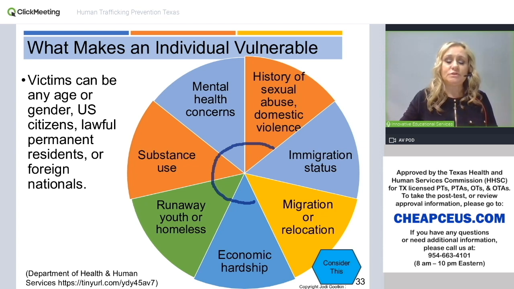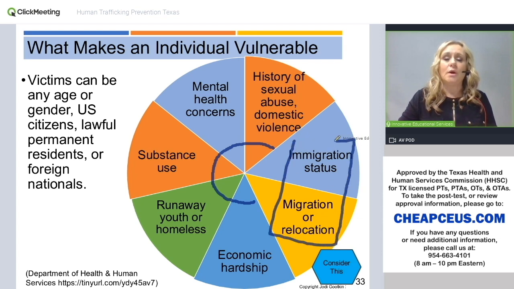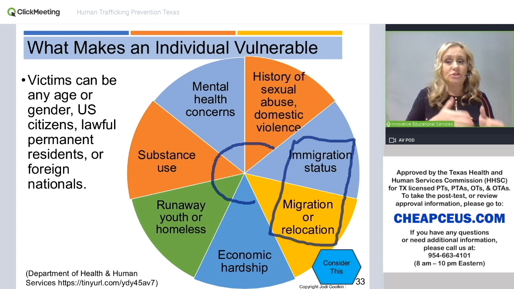Also, individuals who do not have a legal immigration status or those who are migrating and relocating are at a greater risk. Some research has shown that after natural disasters where children have been separated from their parents, that child is at a higher risk.